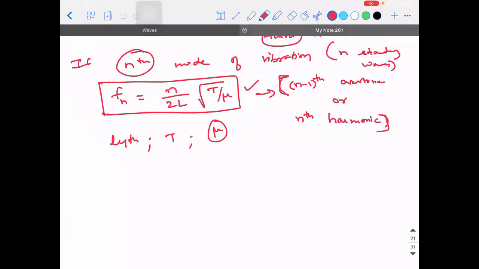What are the instruments that are open at both the ends? Keyboard. It's a flute. Organ pipes are open, right?